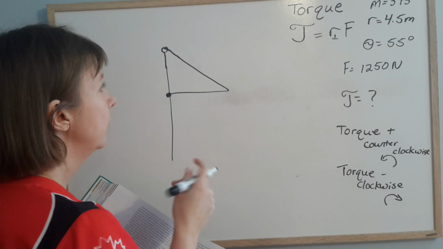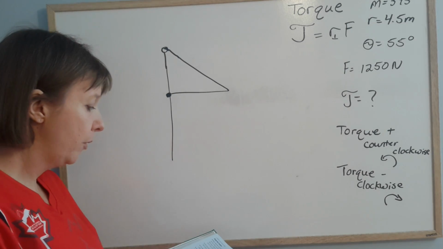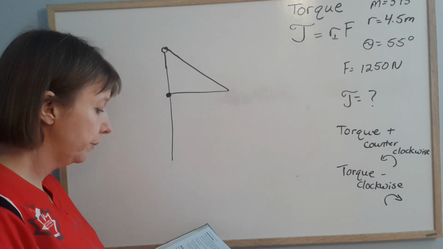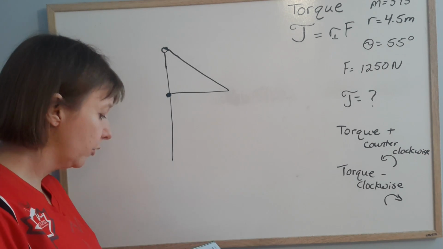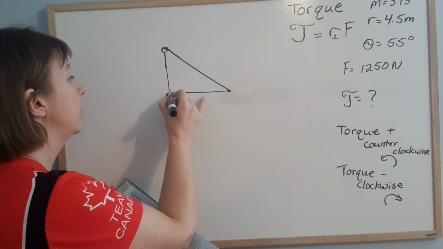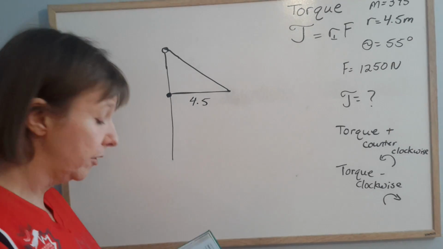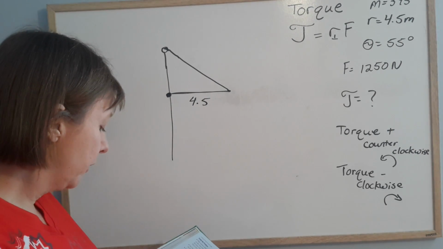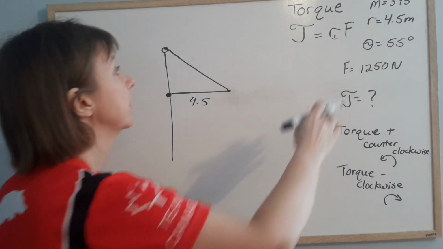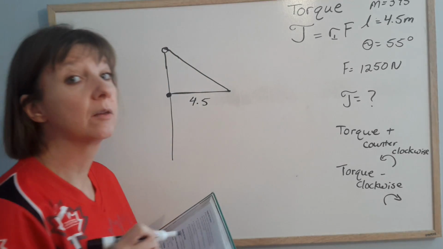So we know that the length to the cable is 4.5. I shouldn't say that's the lever arm distance, because it's actually not. Sorry, let me apologize and relabel that.